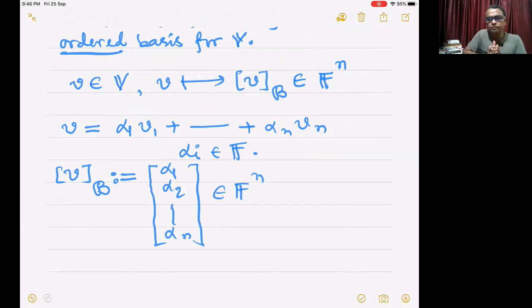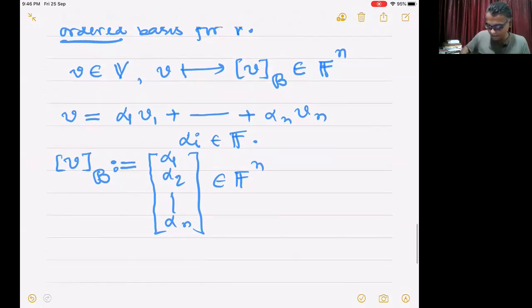Start with an arbitrary vector v from the vector space V, obtain the unique representation of this vector as a linear combination of the basis vectors, pick out those coefficients, and stack them up into a column. That is your representation. What we are going to notice here is that this identification is in fact an isomorphism of two vector spaces.